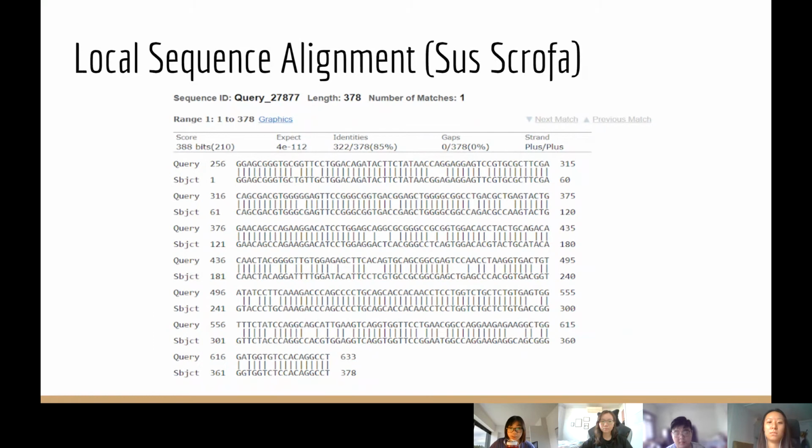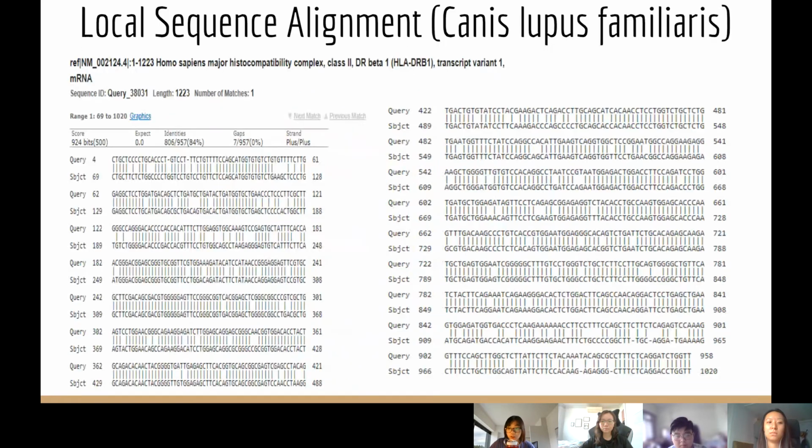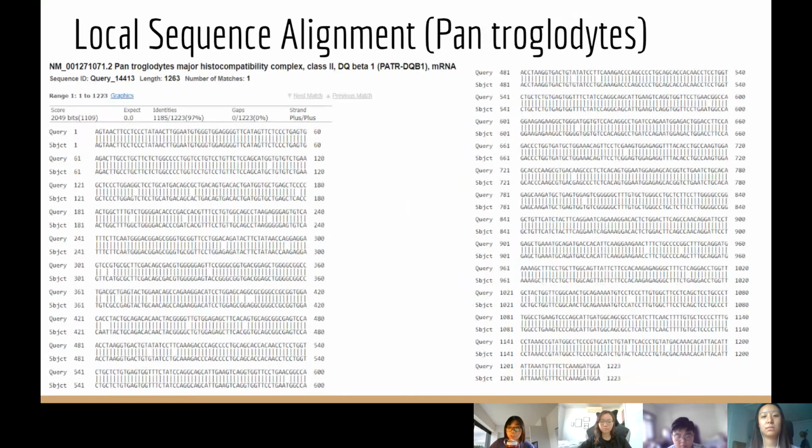The next slide shows the print screen for the local sequence alignment using BLAST for Canis lupus familiaris, also known as the dog. And the following slide is the print screen for local sequence alignment using BLAST again for Pan troglodytes, also known as the chimpanzee.